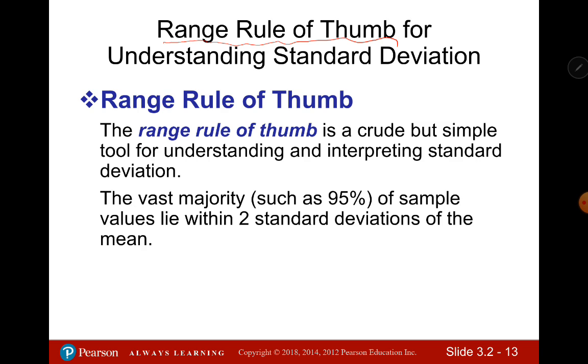So basically, we will get this conclusion: 95% of sample data values lie within 2 standard deviations of the mean. That's the range rule.